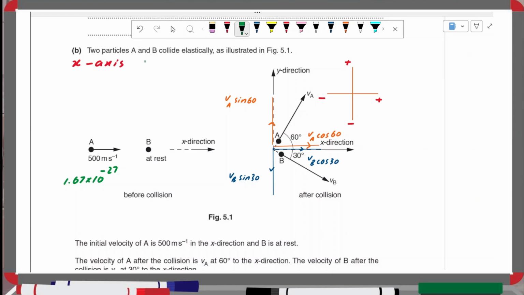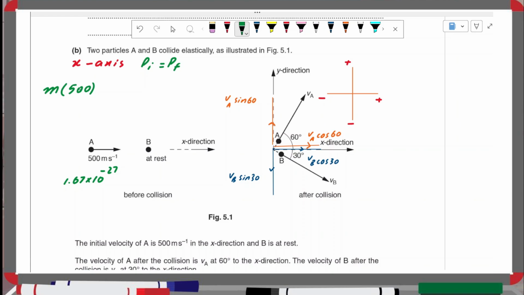So let us use this law, that initial momentum equals final momentum, or momentum before collision equals the momentum after collision, first along the x-axis. What was the momentum before collision along the x-axis? It was mass of A times 500. We can insert the value of mass, and we even have the total value, which is 8.4 into 10 power minus 25. But I'm not writing that value for the time being.